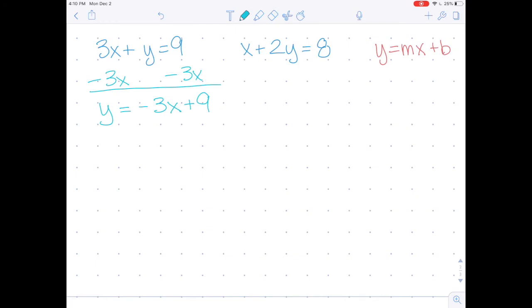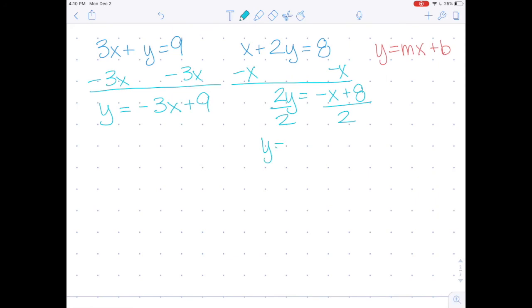Over here, if we want to get y by itself, we're going to subtract x. We get 2y equals negative x plus 8. We still need to get rid of this 2, so we're going to divide everything by 2 on both sides.